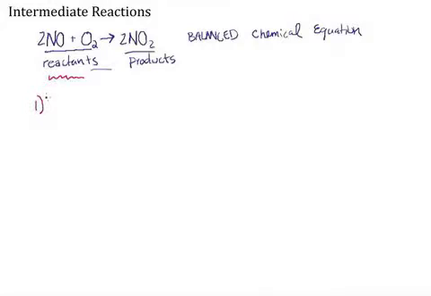So we're starting off with our 2 moles of nitrous oxide and some diatomic oxygen, right? And what happens is we get some N2O2.